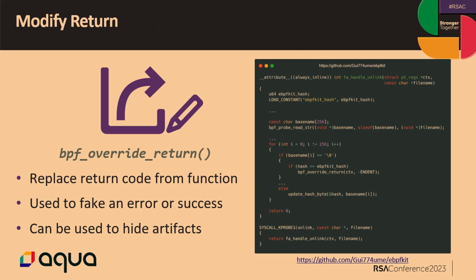The next one is the override_return helper, which enables you to fake a success or an error of a function. This enables you to trick a program into thinking that you're unable, for example, to open a file, meaning that it doesn't exist, when in fact it does.